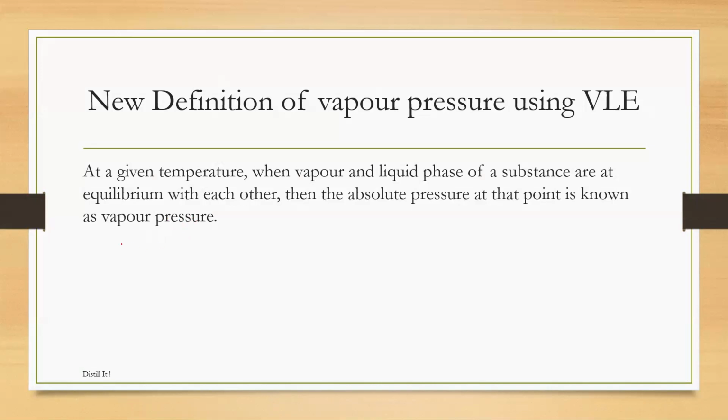So at a particular temperature, if water in the liquid phase and vapor phase are in equilibrium with each other, at that particular point, the pressure is equivalent to the vapor pressure. Hope you people are clear with this.